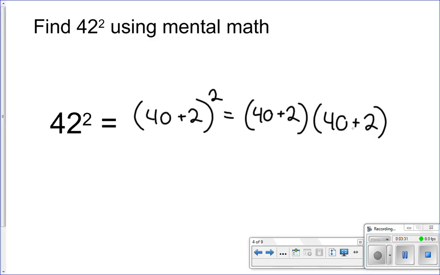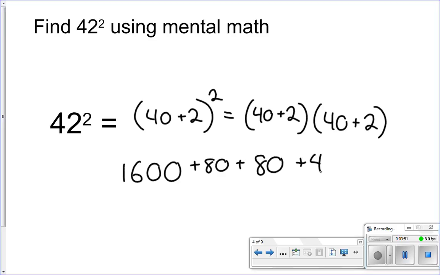I'm just going to work it out with the FOIL method so you can see it. So 40 times 40 is 1,600. 40 times 2 is 80. And 2 times 40 is 80. And then 2 times 2 is 4. So then I put this all together. I have 1,600 plus 80 plus 80 plus 4. That's going to give me 1,764.